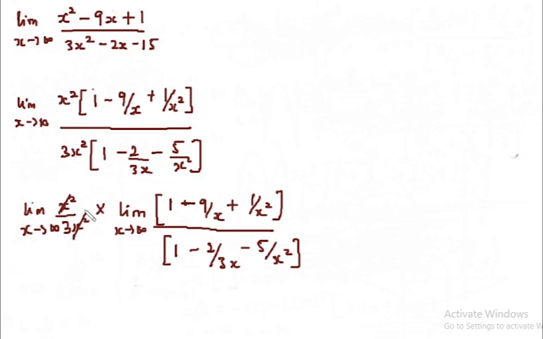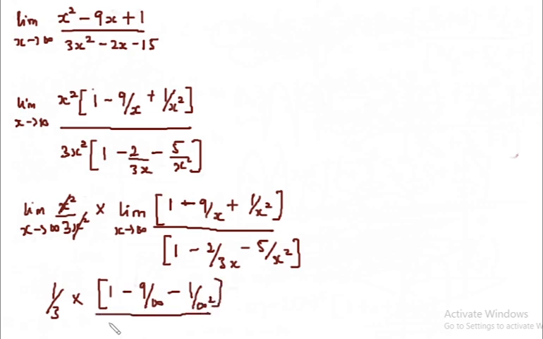So the limit as x approaches infinity of 1 over 3 is still 1 over 3, times here, this will become, open brackets, 1 minus 9 over infinity plus 1 over infinity squared, divided by 1 minus 2 over 3 infinity minus 5 over infinity squared. These terms will all approach 0.